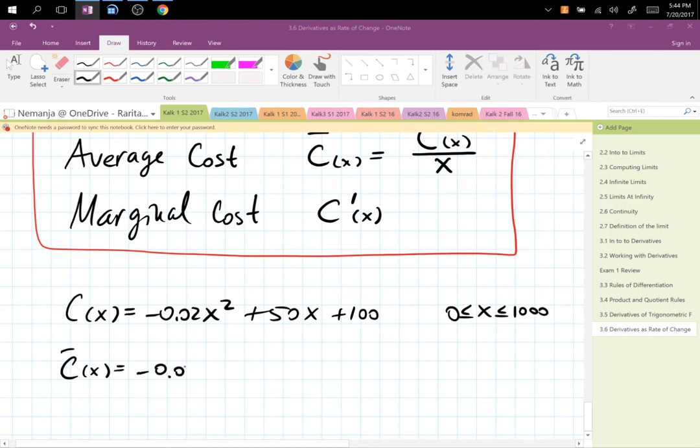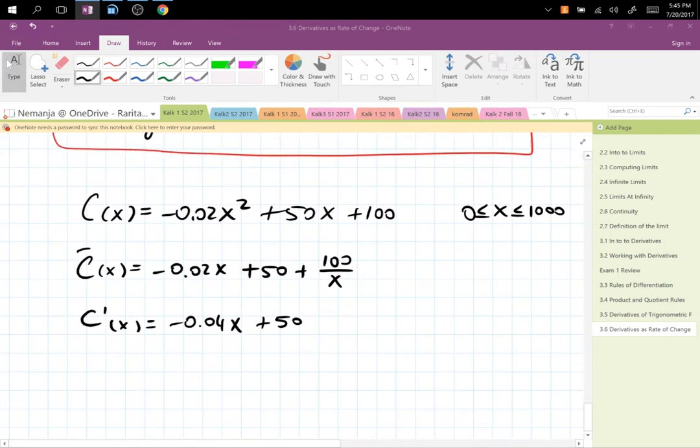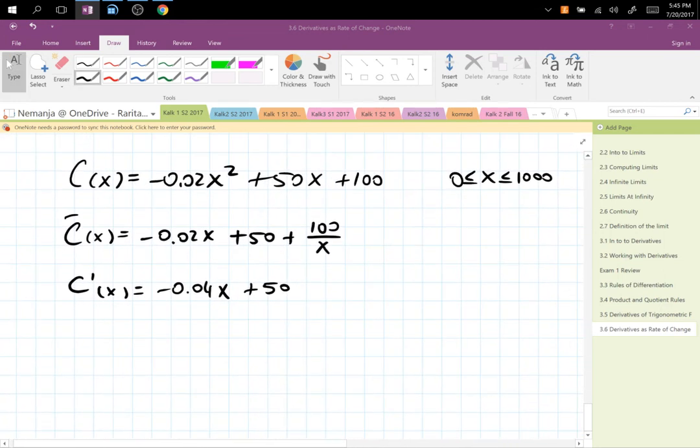So negative 0.02x plus 50 plus 100 over x. And the marginal cost is the derivative, which is simply negative 0.04x plus 50. So that would be our marginal cost. You're only taking the derivative. Obviously, the derivative of plus 100 is 0, so we don't worry about that part. So here are our two equations that we are going to use.